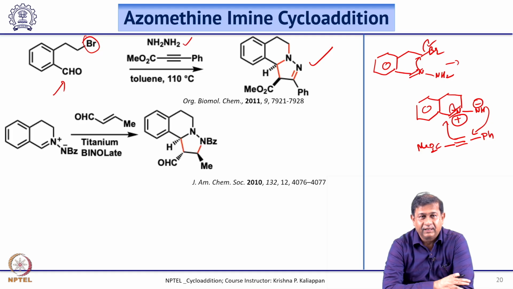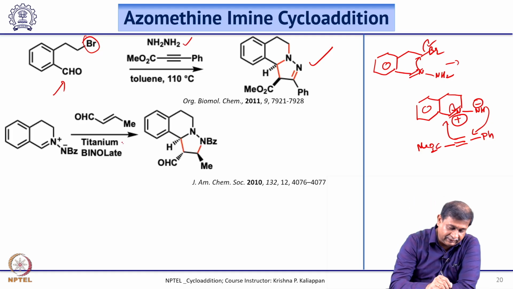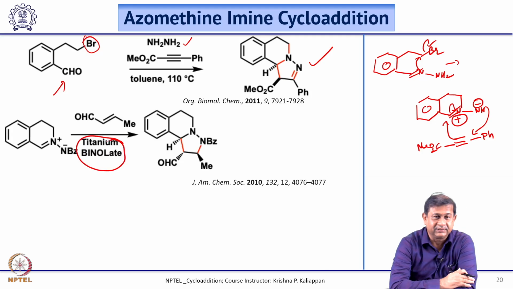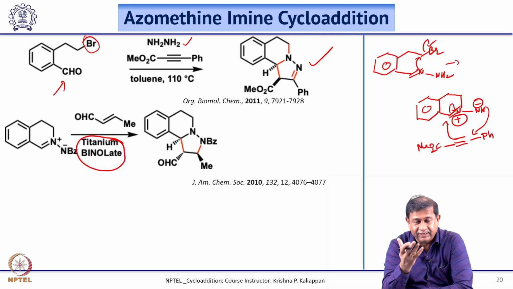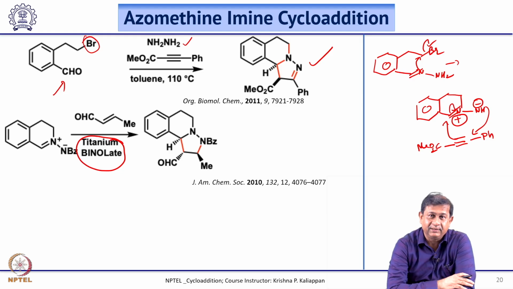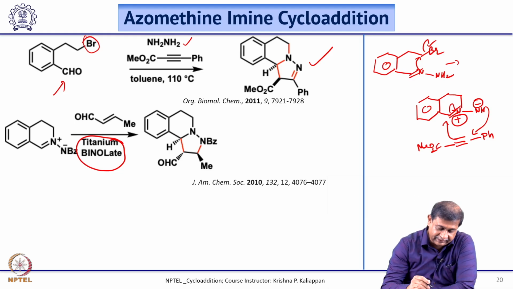And this is another classical example with titanium binolate. You have a BINOL, which is a chiral compound, and then titanium. So that's a chiral source for this 1,3-dipolar cycloaddition reaction.